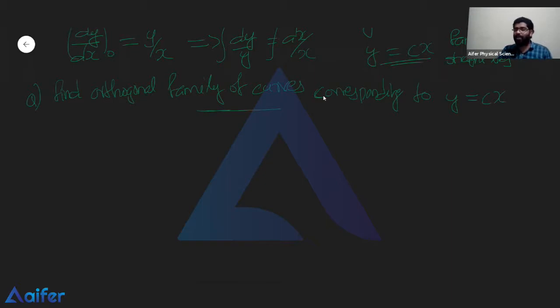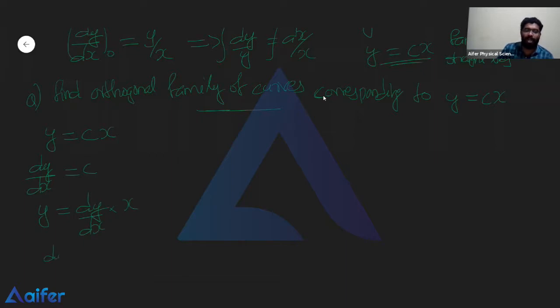We are given y equal to cx, therefore dy by dx equal to c. Now using this equation we can eliminate this constant: y equal to dy by dx into x.